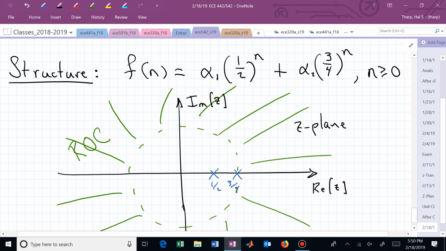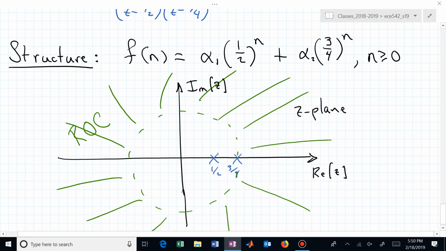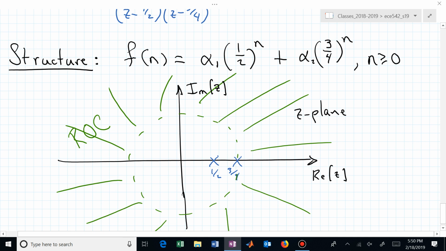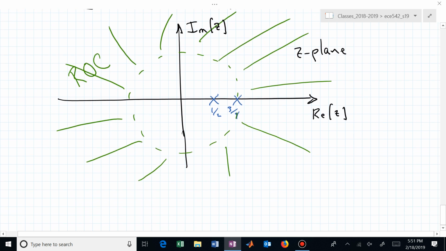What can we say about the behavior in terms of bounded or unbounded behavior for f of n? Is the f of n bounded or is it unbounded? F of n is bounded, and how did you arrive at that conclusion?